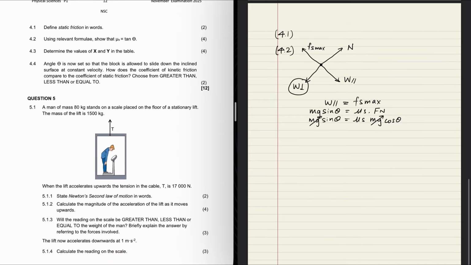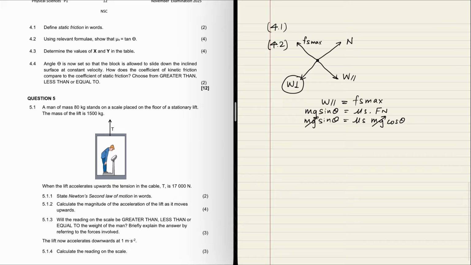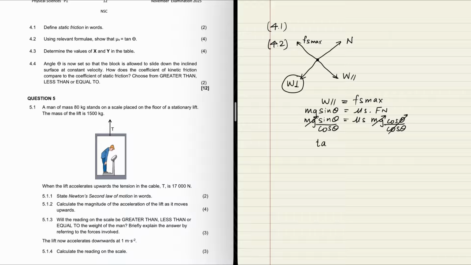Then I can divide both sides by cos theta. I'll divide this side by cos theta, and I'll divide this side by cos theta. Then the cos theta will disappear, leaving me with tan theta equals mu s. And we've proven it.